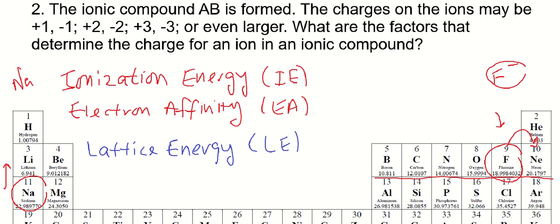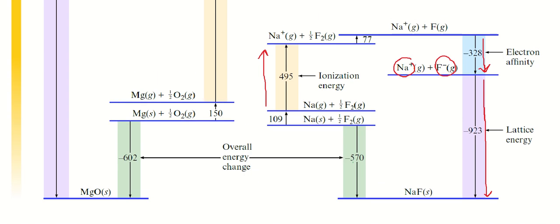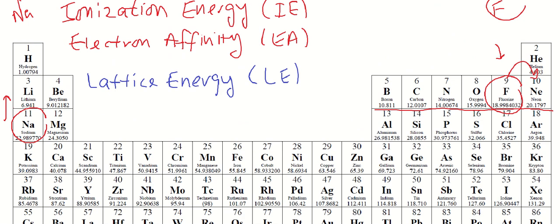All right, so let's take a look at one example where we have charges 2 positive, 2 negative. So that's the other side of this graphic. Magnesium and oxygen. Magnesium is right next to sodium, and oxygen right next to fluorine. So we have a good comparison here.